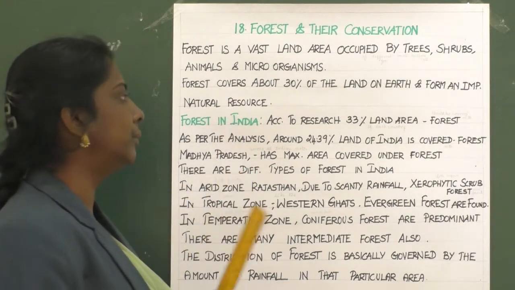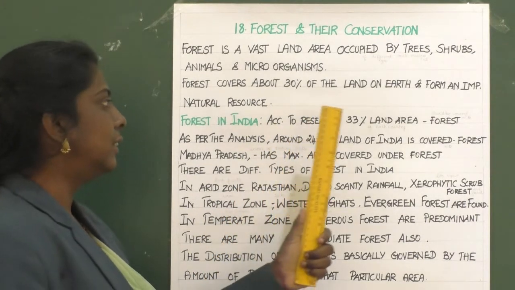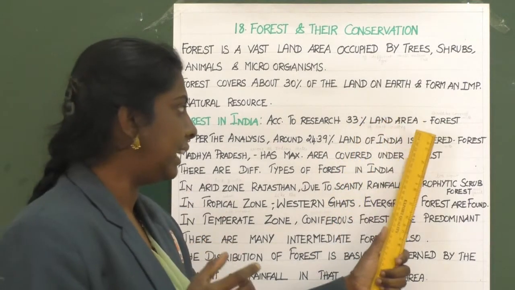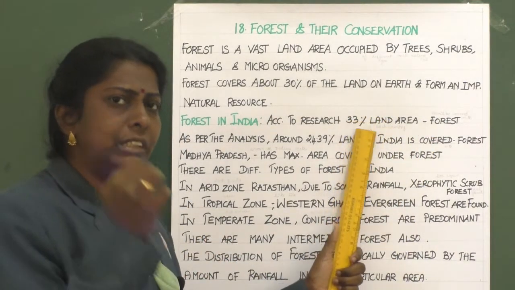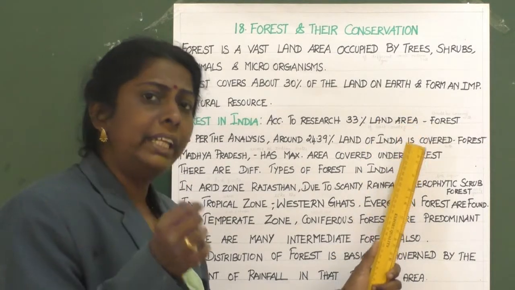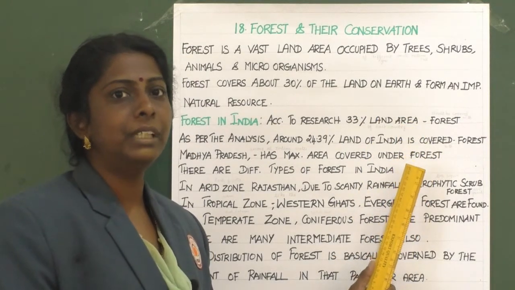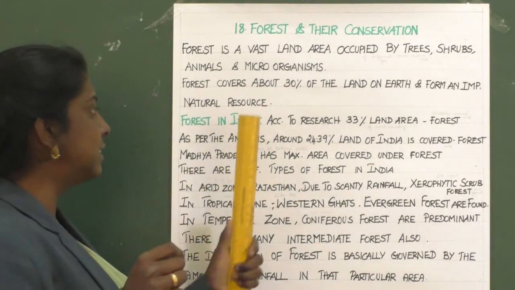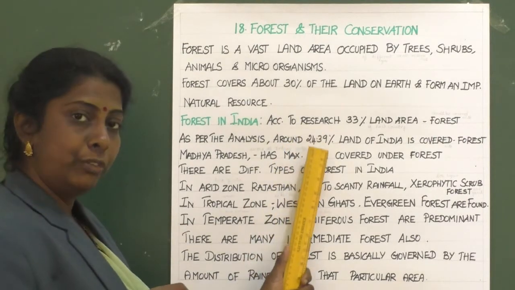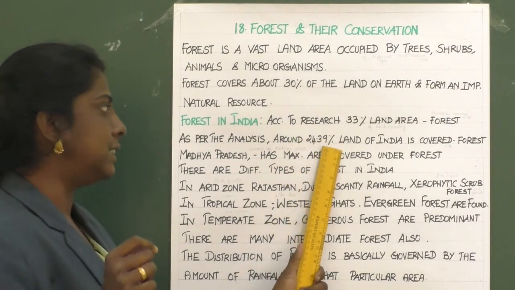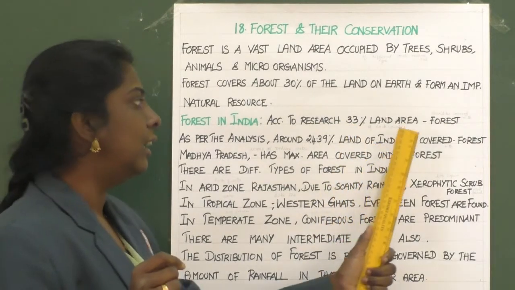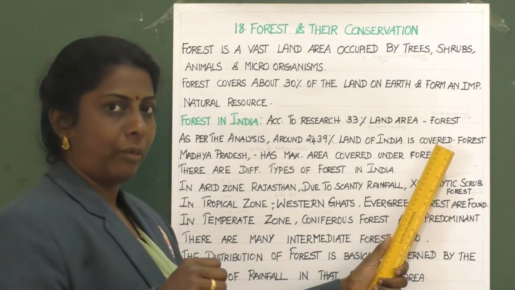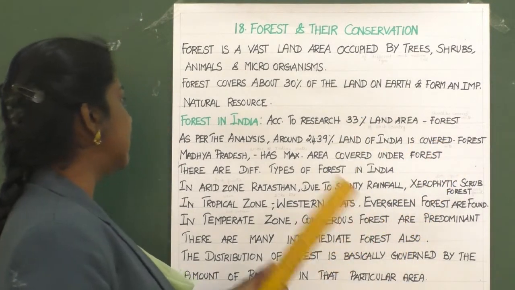Then we are going to learn about the forest in India. According to research, 33% of each country's land area should be covered with forest. As per the analysis, around 24.39% of the land of India is covered by forest.